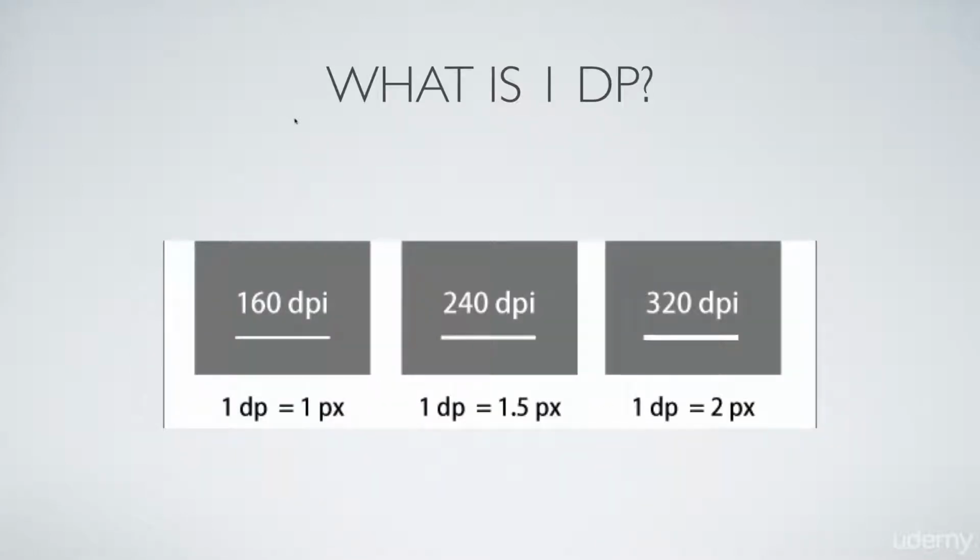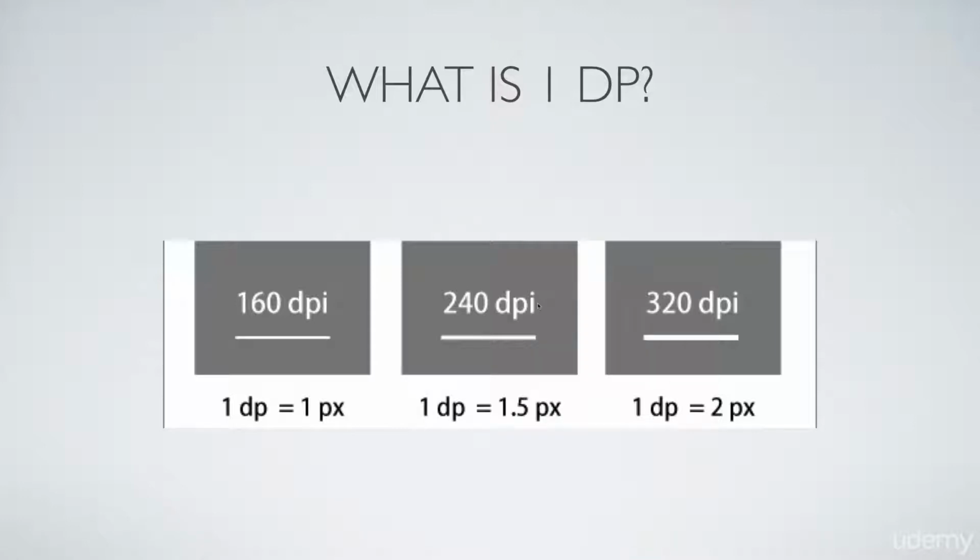So what is 1 dp? If your screen has 160 dots per inch, then 1 dp and 1 pixel are going to be the same. If your screen has 240, then 1 dp is 1.5 pixels, and conversely for 320, a dp would be 2 pixels. So dots per inch is with respect to the printers, and there is something called pixels per inch as well, which stands for on-screen resolution.